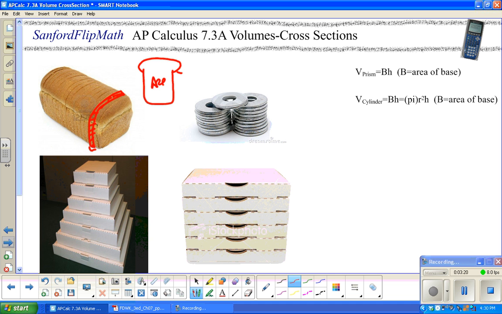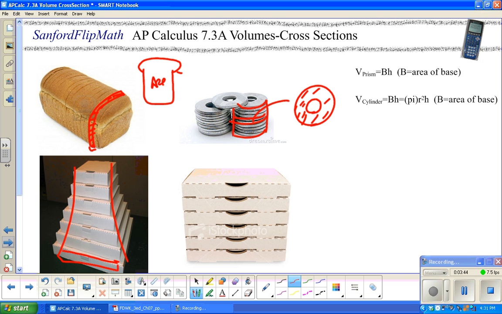Or here are a bunch of washers. If you knew the area of one of those washers, maybe it'd be the outside minus the inside, and then it has a thickness, then you would add those up. Same idea as the pizza boxes get smaller.